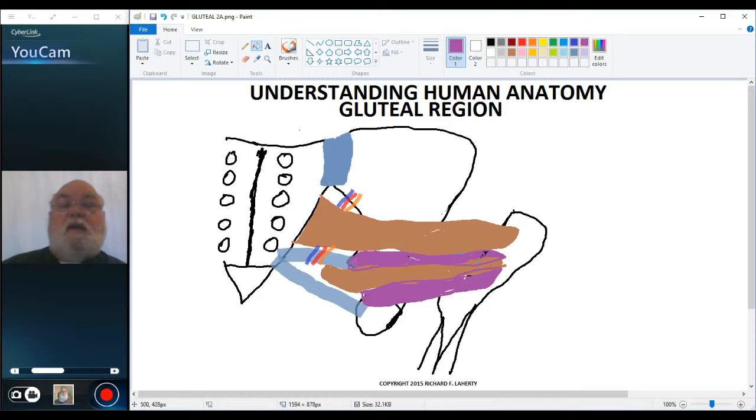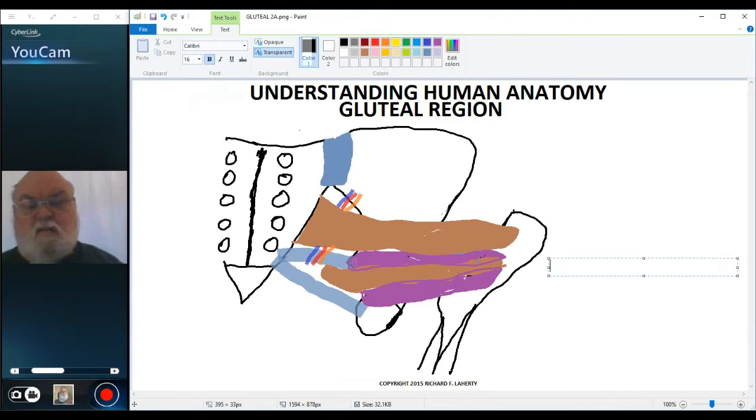Now, the obturator internus, the two gemelli, and piriformis all are lateral rotators of the hip. Piriformis is a very weak abductor. So let me label these muscles.